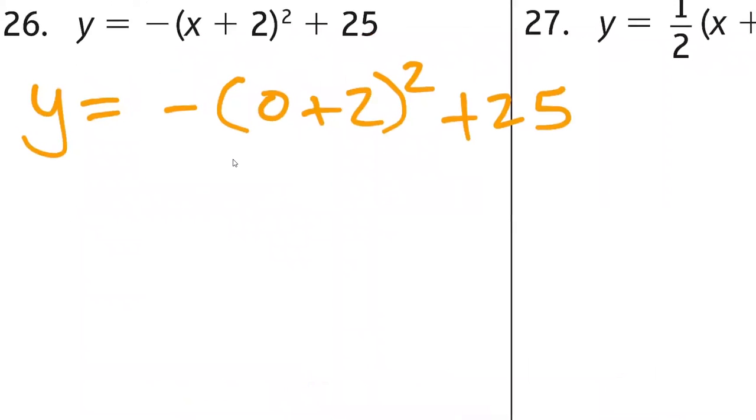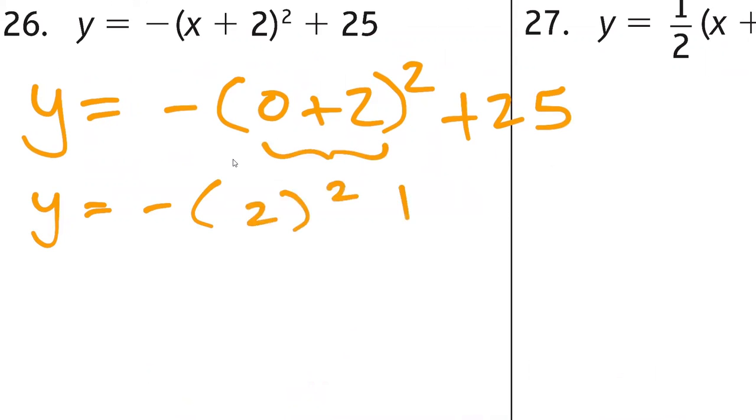At this point, I have y isolated. All I have to do is use order of ops, aka PEMDAS, to solve this down. No need for SADMEP because I already have my unknown isolated. PEMDAS says we do parentheses first. 0 plus 2 is 2. PEMDAS then says after parentheses comes exponent.